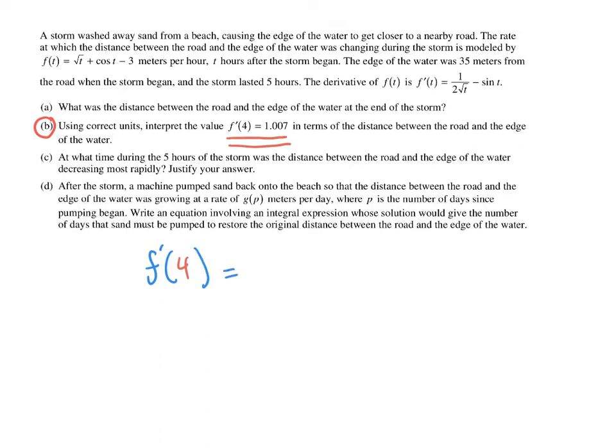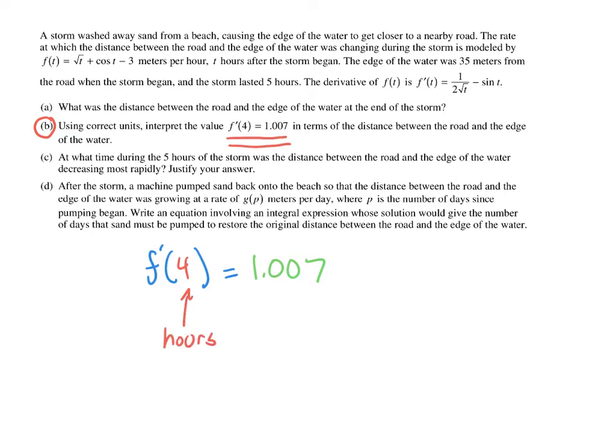I'm making each of these pieces a little bit different colors so we can see how they fit together. Remember, f prime is the derivative of a rate. So it's kind of like an acceleration, and essentially it's the second derivative. And so that'll affect our units. f prime receives hours, so this 4 is the number of hours.